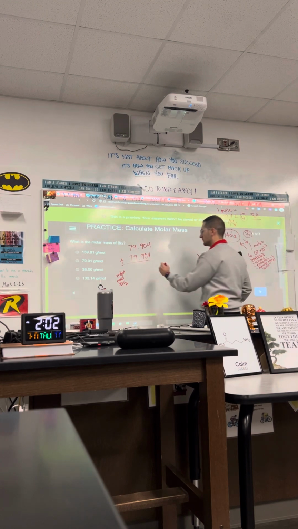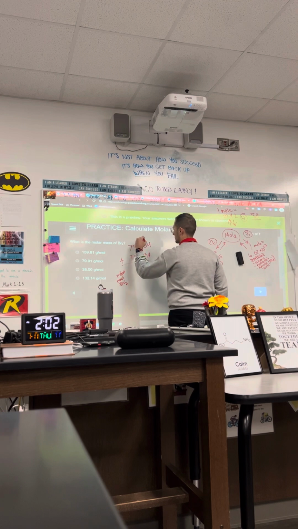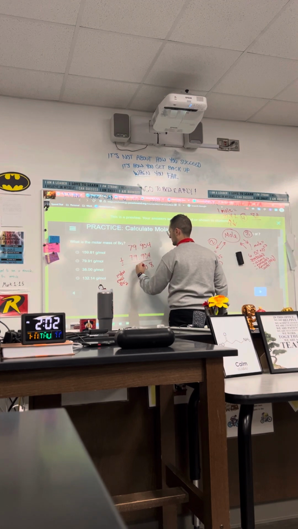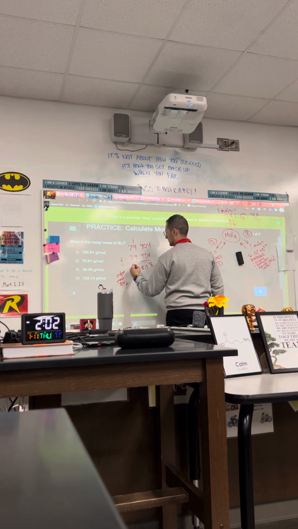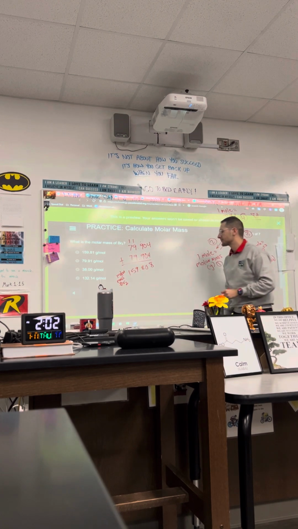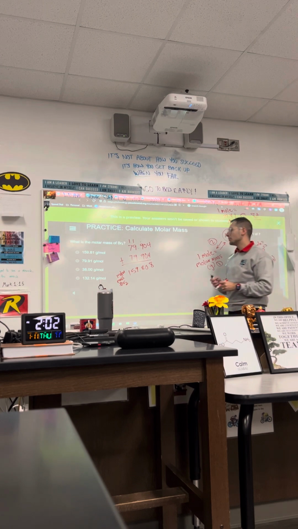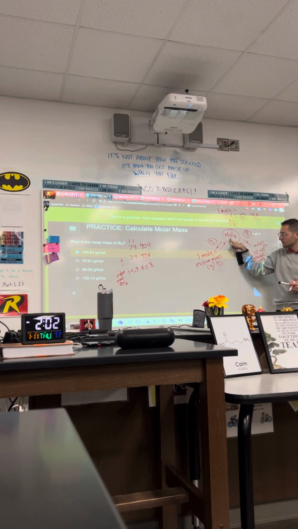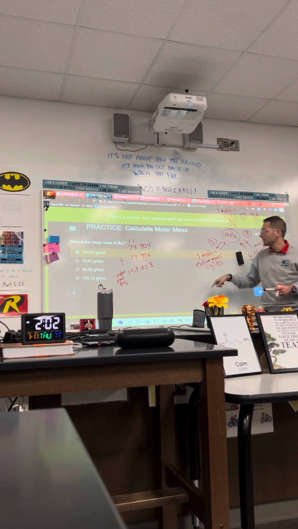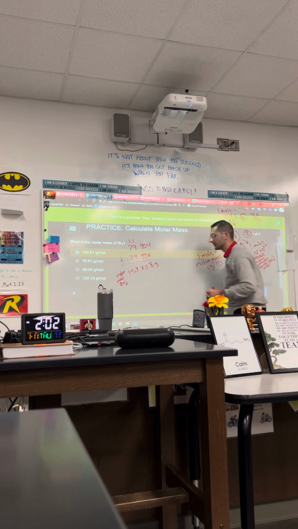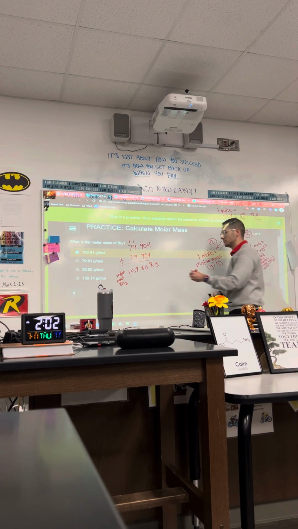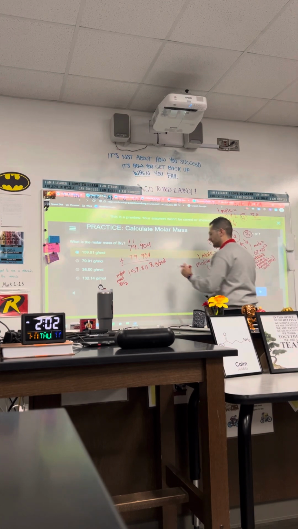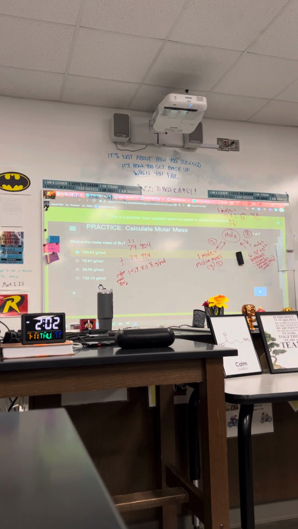When I add it up, I get 159.808 grams per mole. So if I have 1 mole of Br2, that mass is equal to 159.808 grams. It is the molar mass. And all we did was add it up.